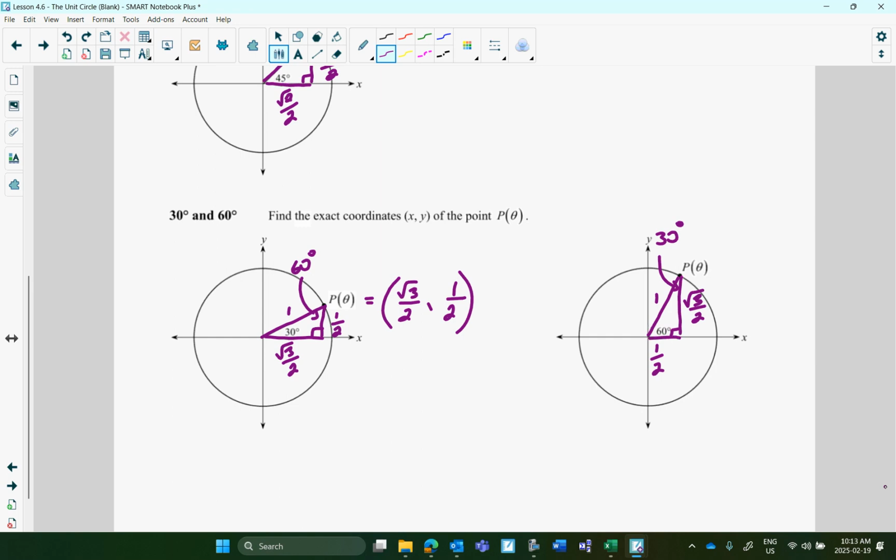So therefore, the point on the unit circle is 1/2 comma root 3 over 2. So therefore, if the angle coming out from the origin is 45 or 30 or 60, you can tell me the point on the unit circle it hits.